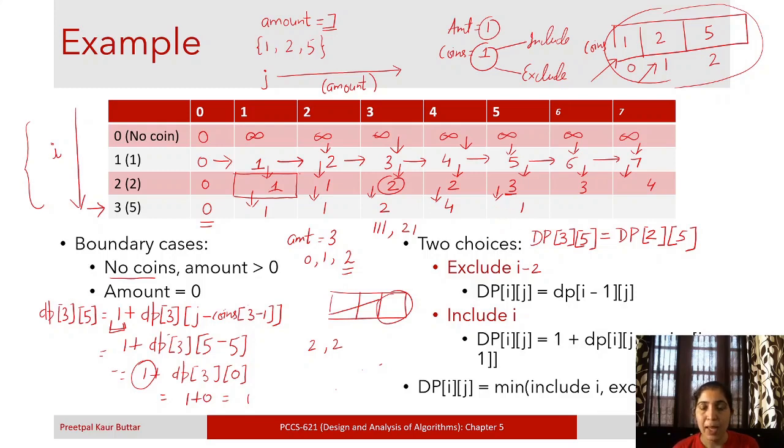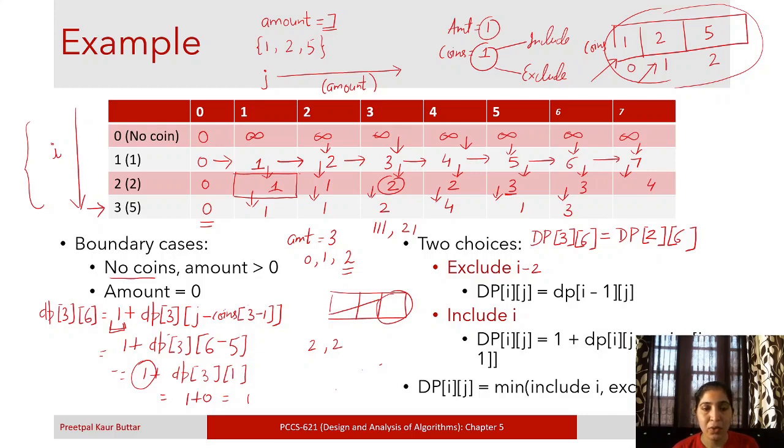And then for making an amount equal to 6, you can include this coin or exclude this coin. When you exclude a 5 rupee coin, then you will copy the solution from the upper cell, that is 3. And when you include this coin, the amount you are making is 6. So after picking a 5 rupee coin, the value which is left is 1.